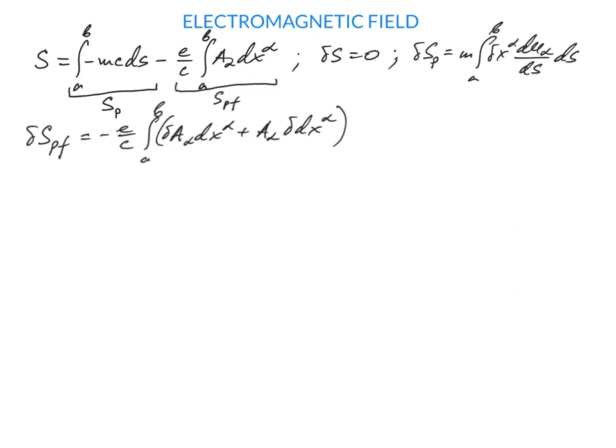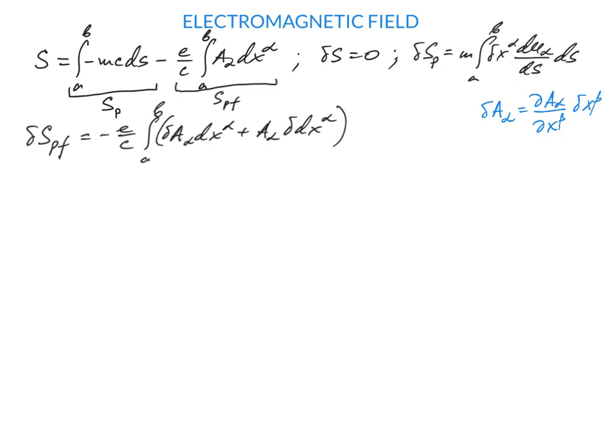In the first term, delta A_alpha, where does this variation come from? Well, it comes from the fact that x^alpha is varied. So A_alpha is a function of x^alpha. So here we'll have dA_alpha/dx^beta delta x^beta. Summation over beta is assumed.